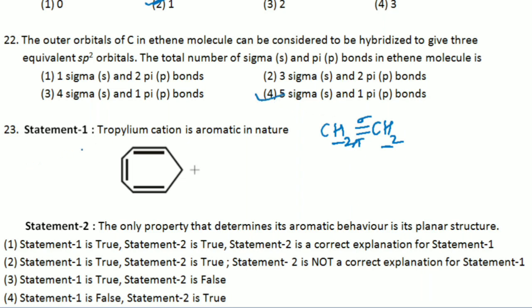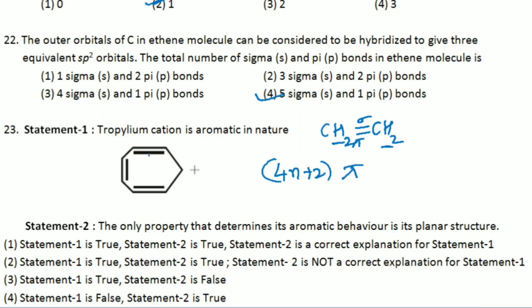23. Tropylium cation is aromatic in nature. This is tropylium cation. The only property that determines its aromatic behavior is its planar structure, they are telling. Now you remember, aromatic compounds have planar structure, but there should be 4n plus 2 pi electrons present.